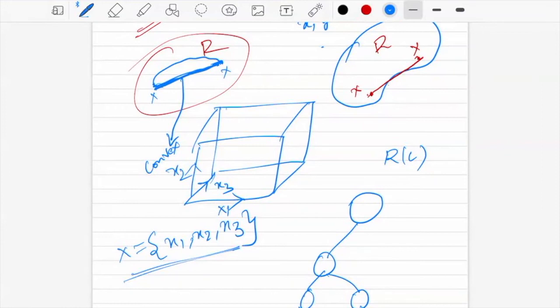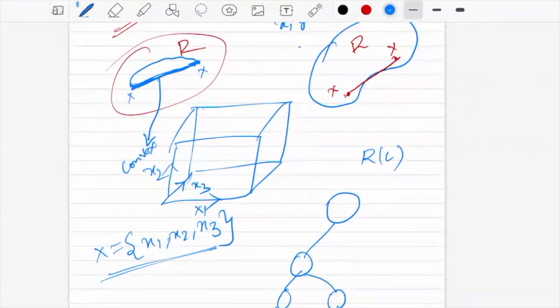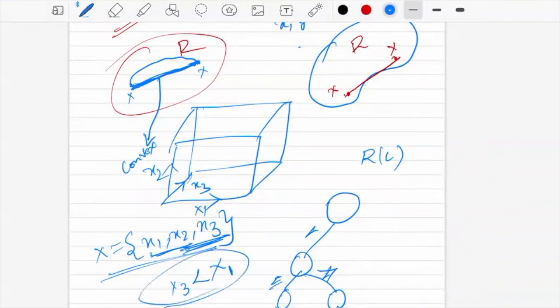So as we saw previously, for every point in this instance, like coordinates in this instance, they must go through some sort of comparison. Okay, so if they have to go through some sort of comparison, for example, let's say that if I compare x3 with x1, let's say that x3 less than x1.